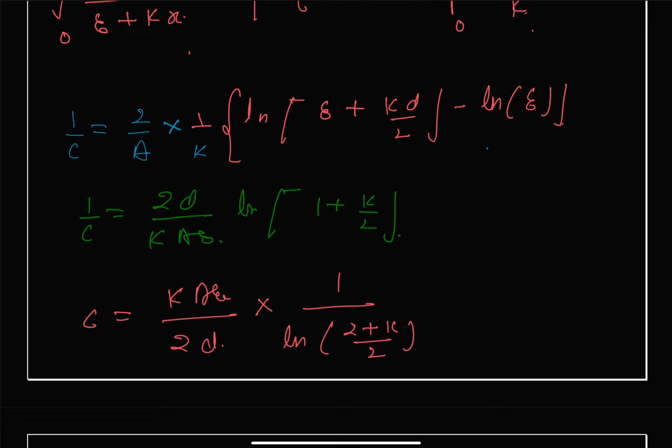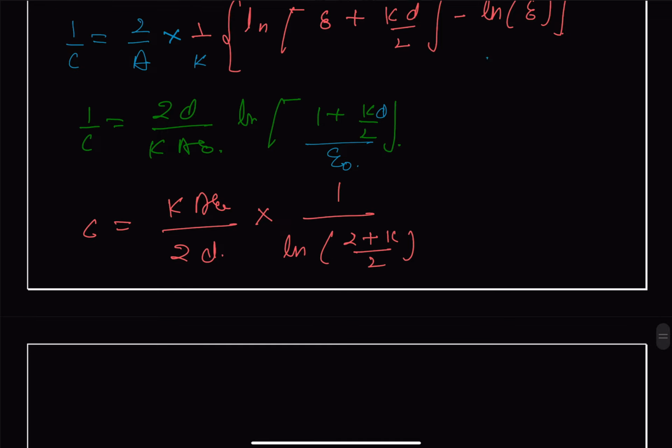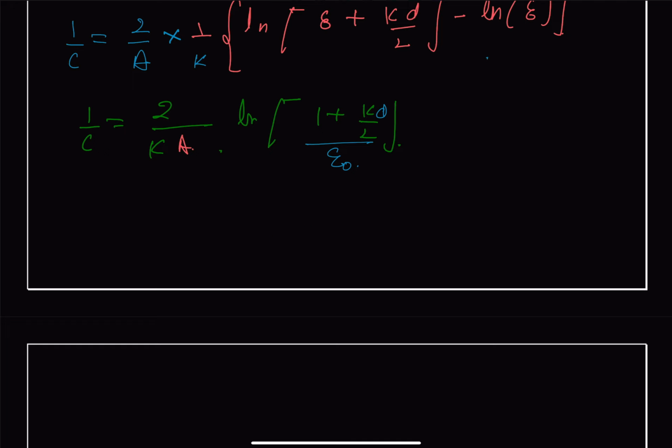So this comes as k divided by epsilon naught. Now it's correct. Here also there is no, this is A. Now it's correct. Sorry, I think there was some problem with the equation.